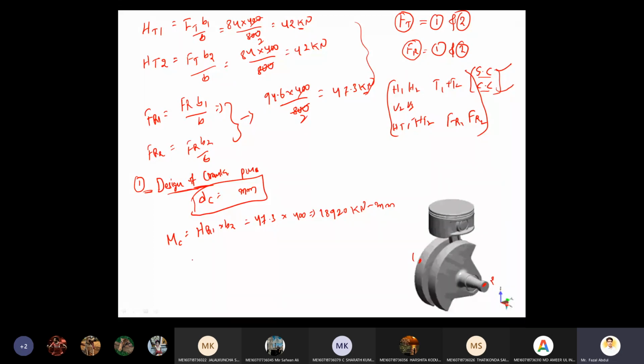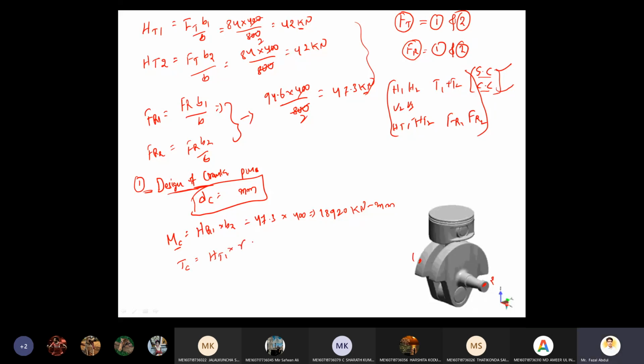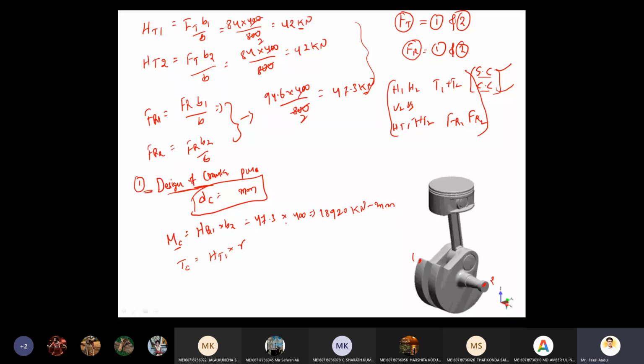Now this is the bending moment at the crank pin. Twisting moment at the crank pin, TC I am writing, that is HT1 into R. Where is HT1? At the end of the first bearing. This is the one, HT1 into R. What is R? This is the total crank radius. So that is 42 into crank radius.